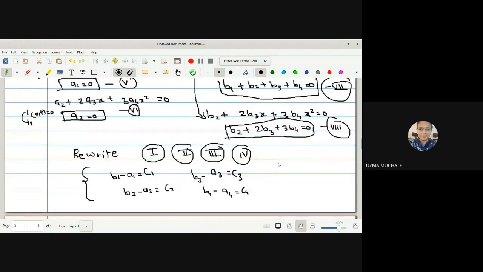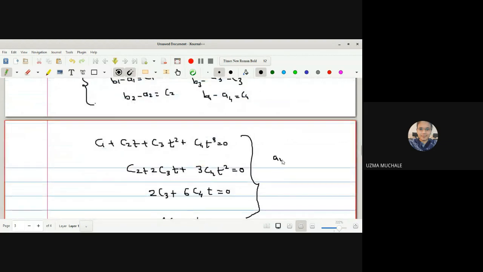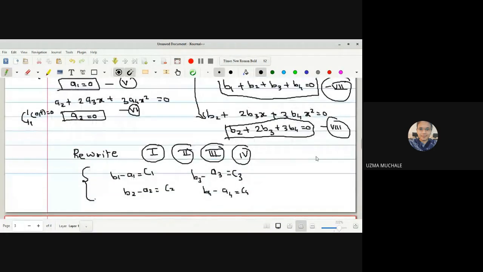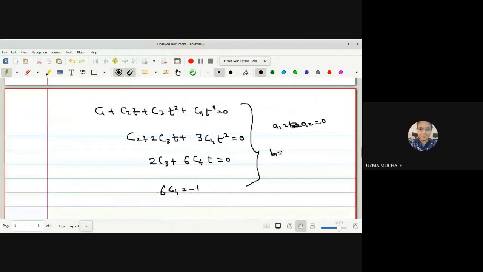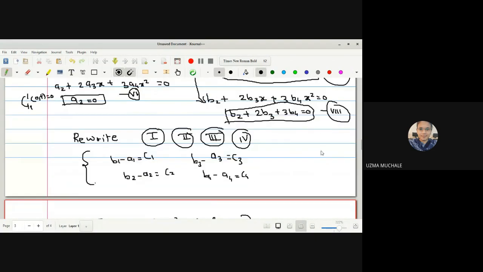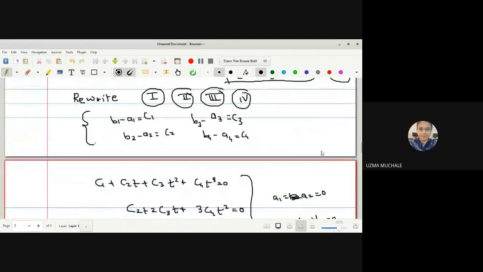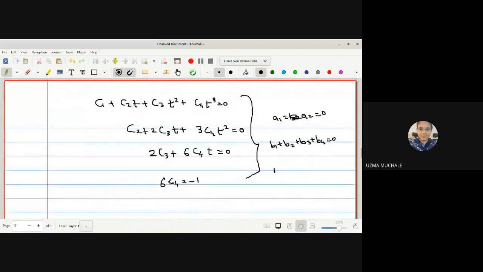A1, A2 both are 0. Next, what are the equations we have got? B1, B2, B3, B4 equal to 0. Next, B2 plus 2B3 plus 3B4 equal to 0.